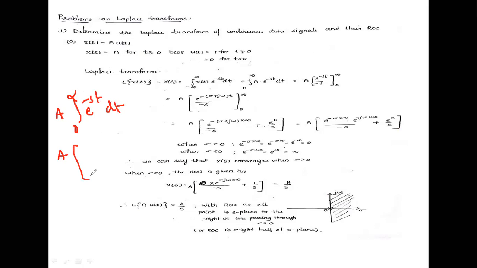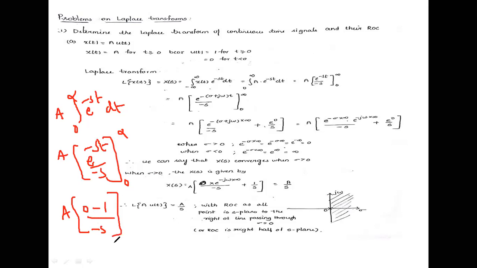A into e power minus st by minus s, with upper limit infinity and lower limit 0. The upper limit gives 0, and minus 1 by minus s gives a by s as the Laplace transformation.